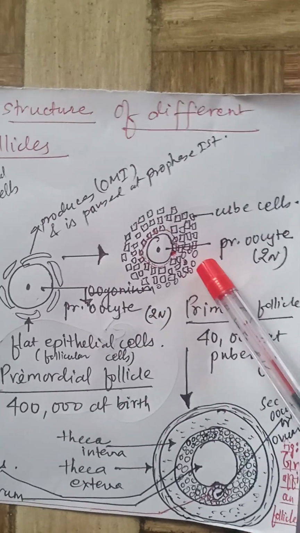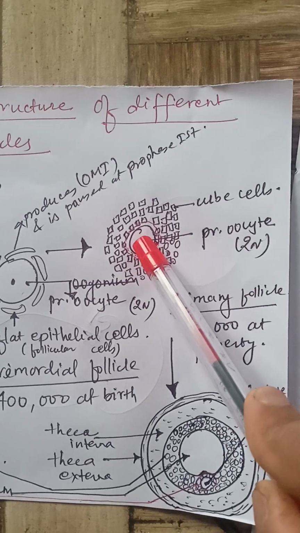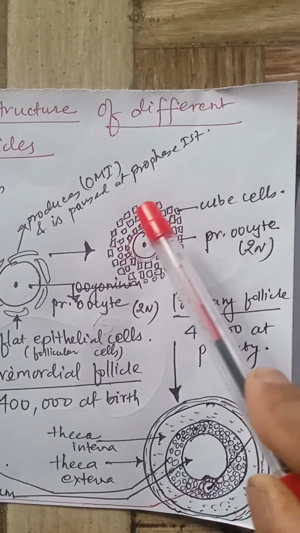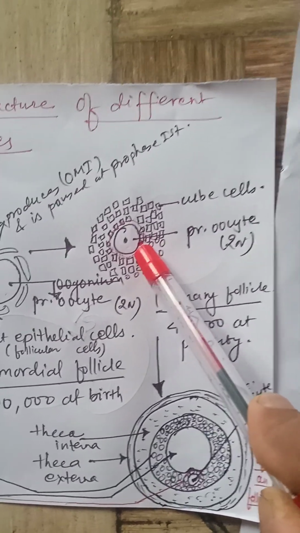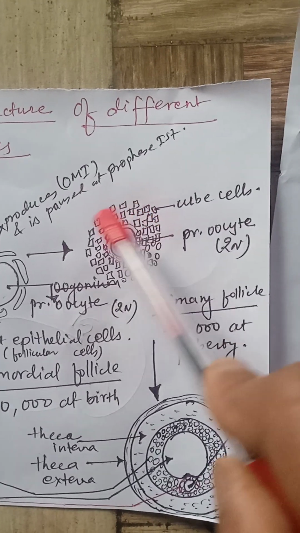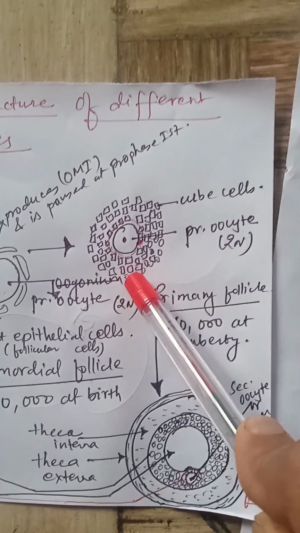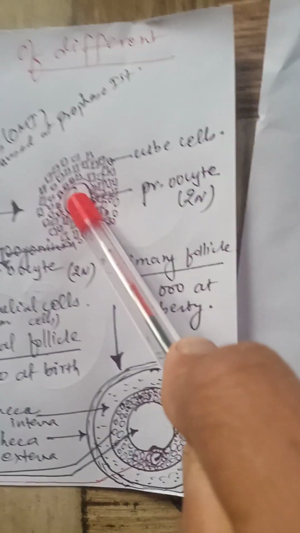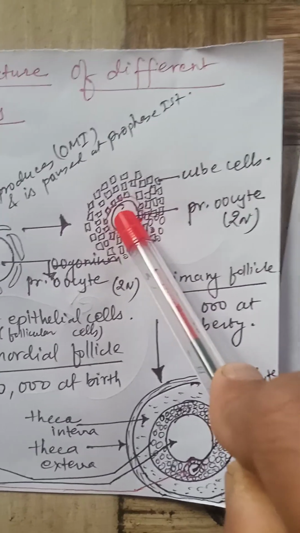Now this primary follicle containing the primary oocyte will have cube-type cells surrounding the diploid primary oocyte. These will increase in number, and there will be a lot of cube cells surrounding the primary oocyte at the puberty stage, when the number will drop down to 40,000.